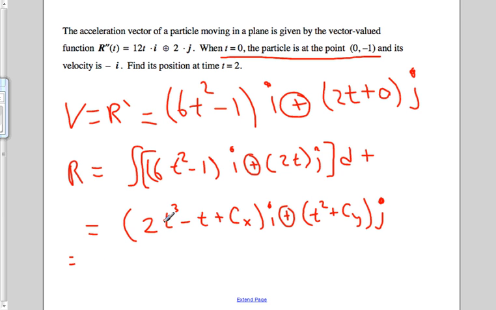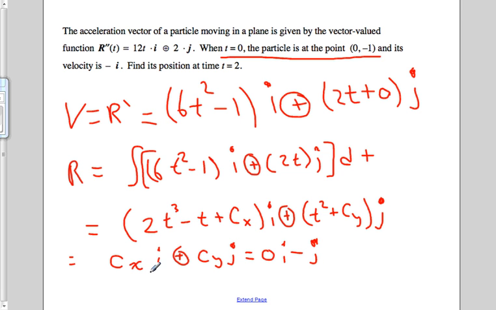So at time equals 0, plugging in 0 here, we get cxi plus cyj. And then writing this value in terms of a unit vector, that's just 0i minus j.